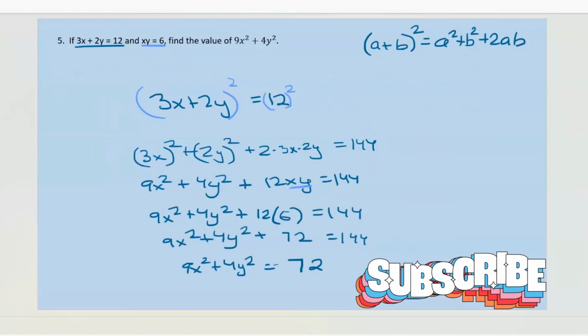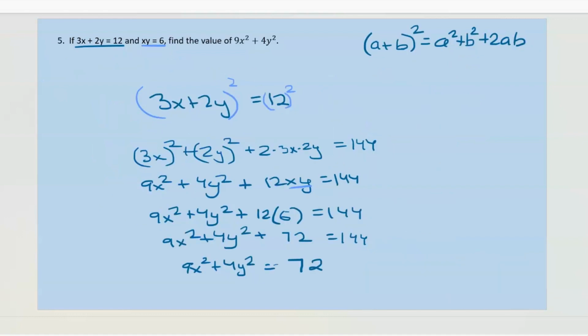It is pretty tough to do these questions without remembering your formulas. So if you don't remember your formulas, do check out our video, Algebra Formulas in Math Through.